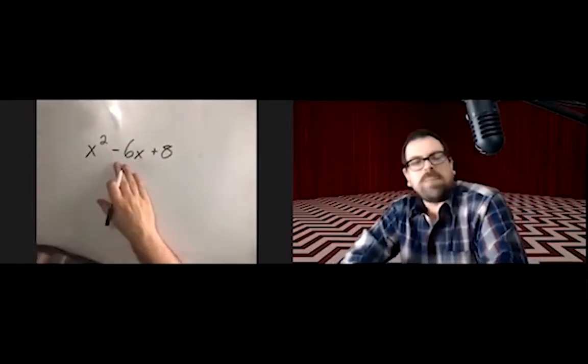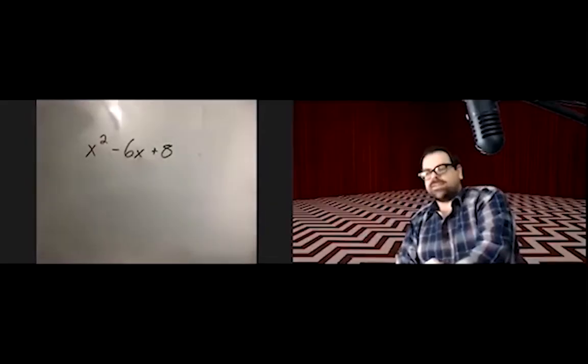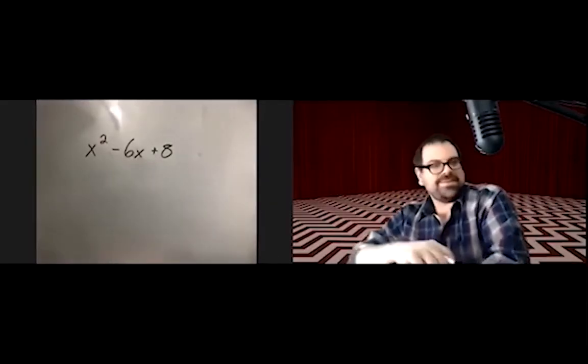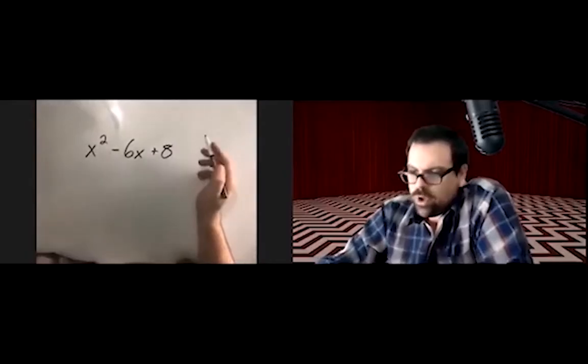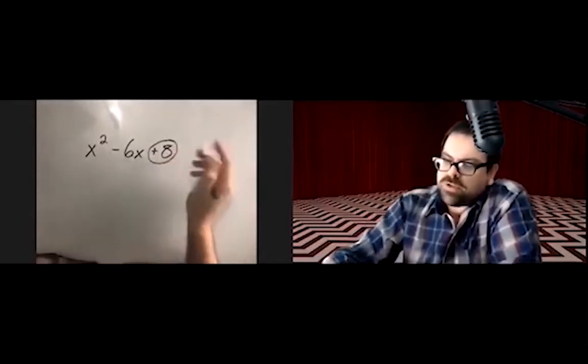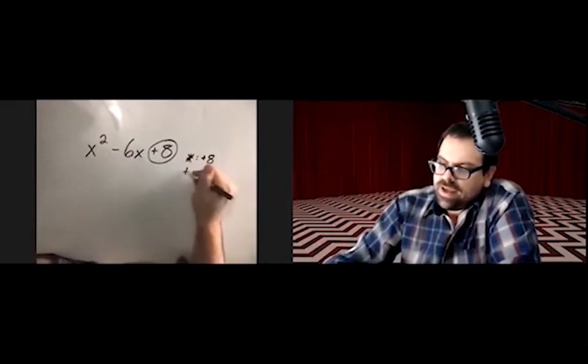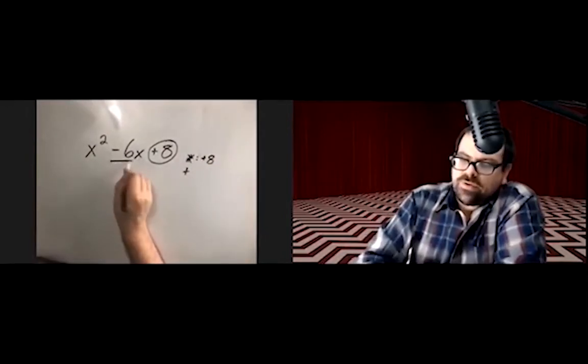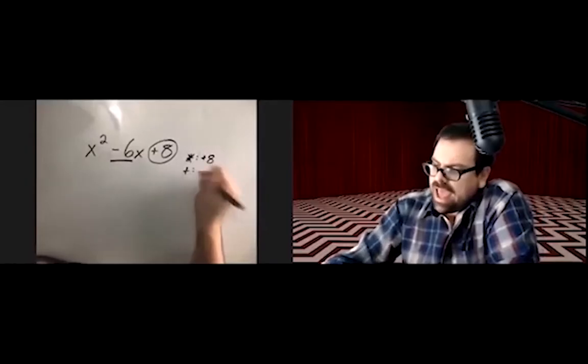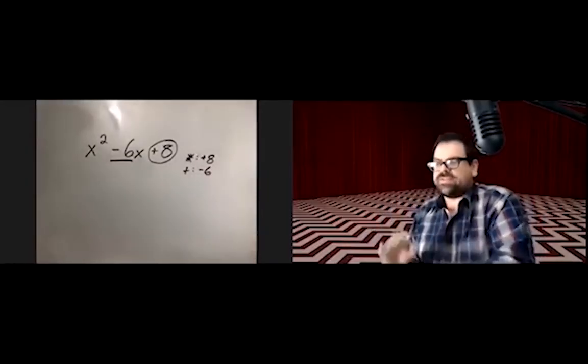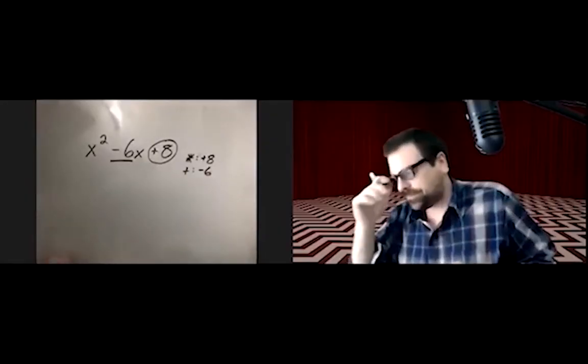x squared minus 6x plus 8. We would need numbers that multiply to give the constant, positive 8, and add to the number in front of x, negative 6. So the sign is important.